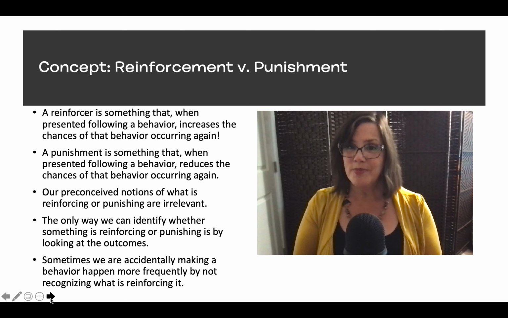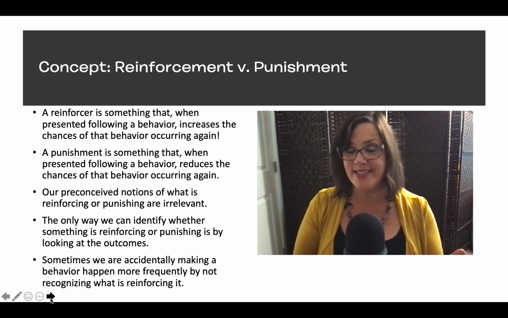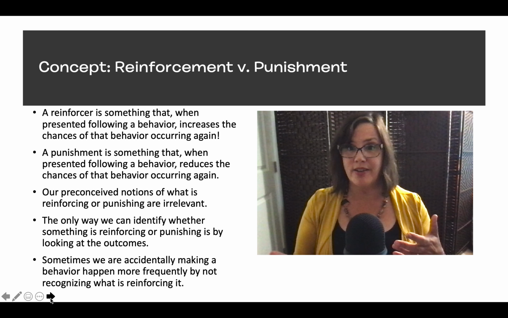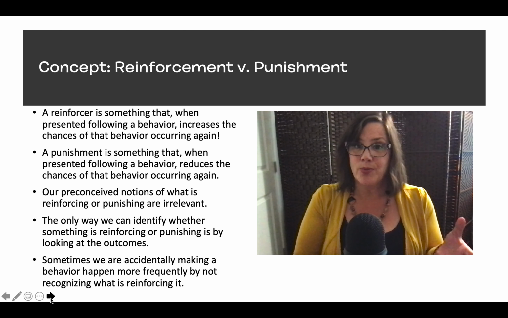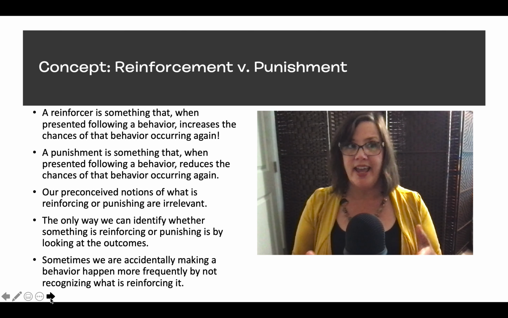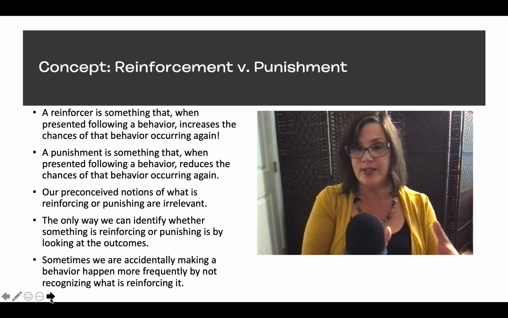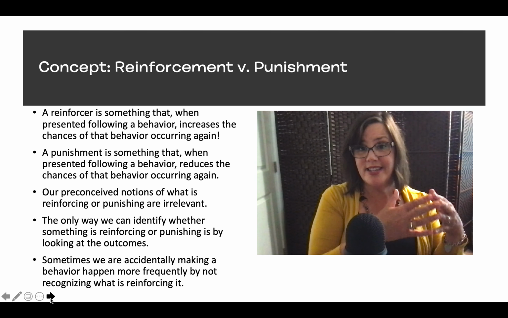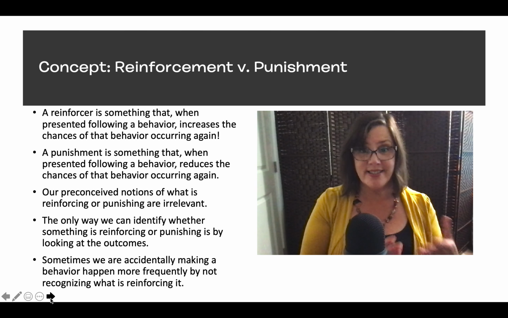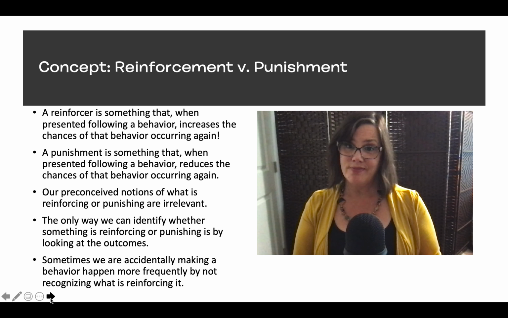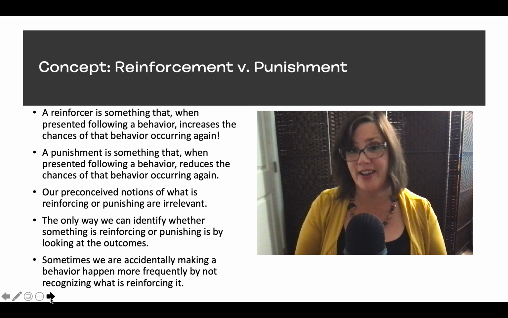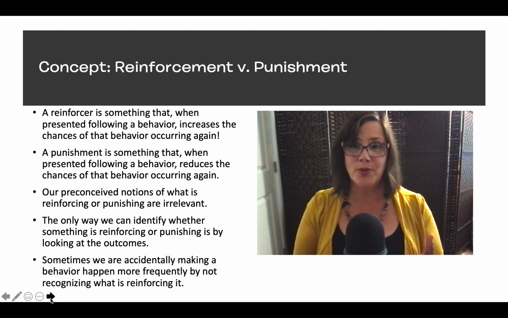So give that some thought, and I would like you to think about a student maybe that you have had in the past whose behavior you really had a hard time cracking, and think about the consequence that was applied, whether it was positive or negative, whether you anticipated it as a reinforcer or a punishment, and ask yourself, did that thing that I was presenting as the consequence result in the behavior increasing or decreasing? That's the only way you'll know whether it was a reinforcer or a punisher and whether it had the effect that you intended. So I hope you have some good conversation about that.